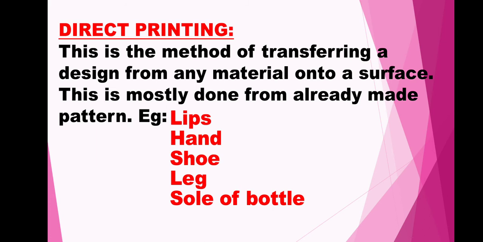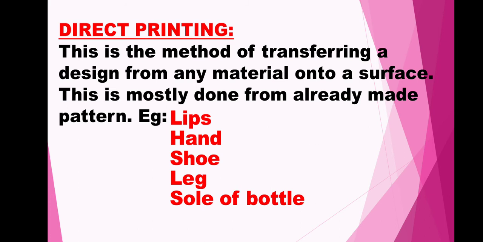This is done from already made patterns, and examples of patterns include lips, hand, shoes, leg or feet, the sole of bottles, leaves, etc. The reason why we made mention of these items is that they are said to be already made patterns. Some are natural patterns, some are artificial patterns.